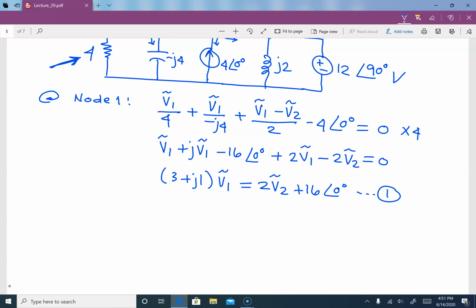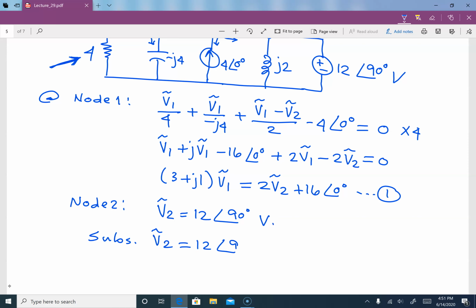And if you look at V2, which is node 2, V2 is equal to 12 with angle 90 degrees. It's a super node. So now just substitute V2 is equal to 12 with angle 90 degrees in equation 1.